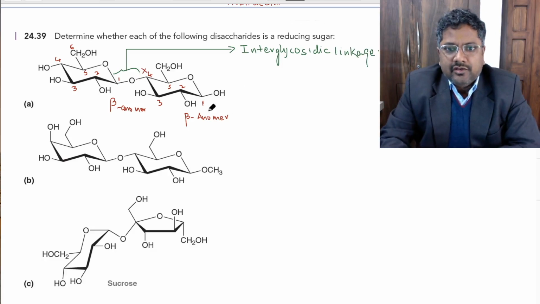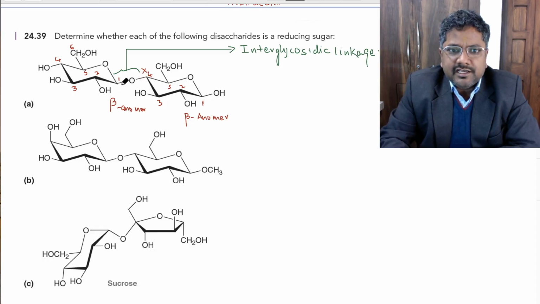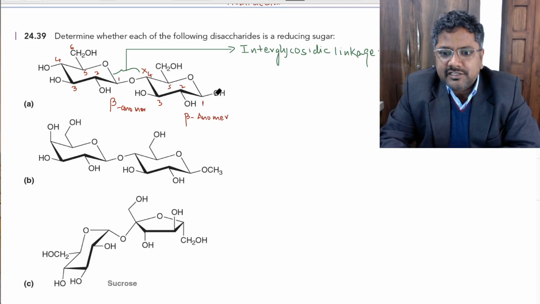Now, whether it is reducing or non-reducing, can you tell me if this is an acetal or a hemiacetal? See, O, ether linkage, so this is an acetal. Now tell me, is this a hemiacetal or an acetal? So this is a hemiacetal, right?